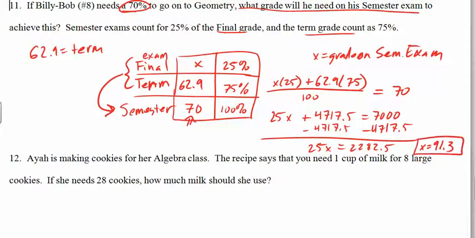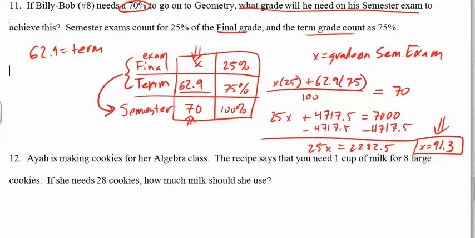So remember X was the grade on the final exam, and so he needs a 91.3% on the final exam. Now you start to recognize how difficult it is to get from a D or a D minus up to a C. Therefore, do not be happy with a D, be happy with a C or a B even. That way when you get to the end of the semester, you're not relying so much on that semester exam, because if you do, it's incredibly high and incredibly difficult, especially if you only understand 63% of the material.